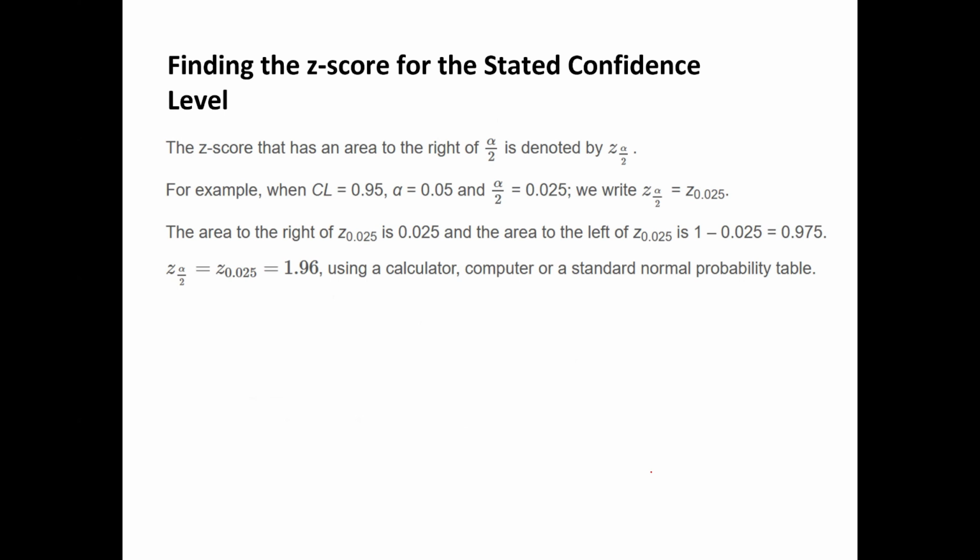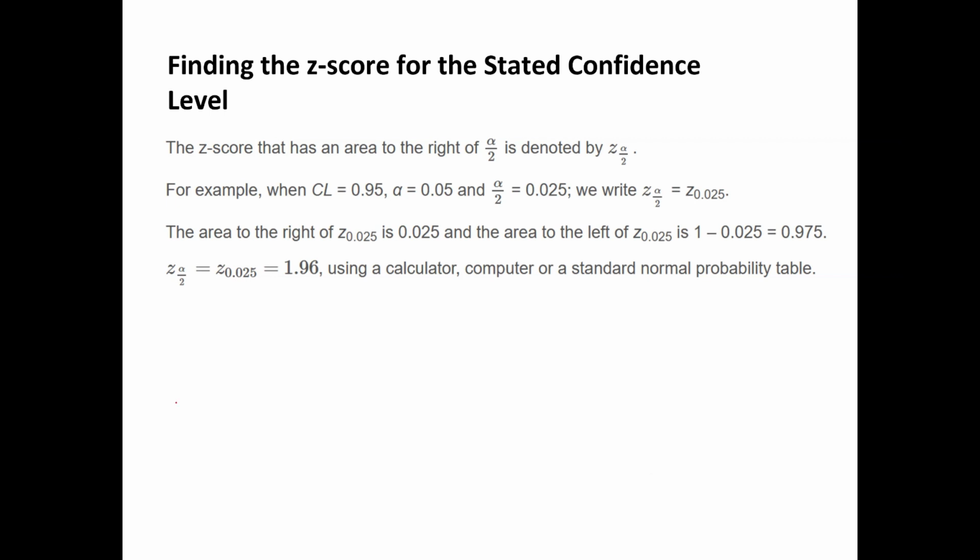You have a confidence level of 95%, 0.95. Then alpha is 1 minus 0.95, so alpha is 0.05, correct? If I divide that by 2, that gives me alpha over 2, which is 0.025. That is the area to the left and to the right.